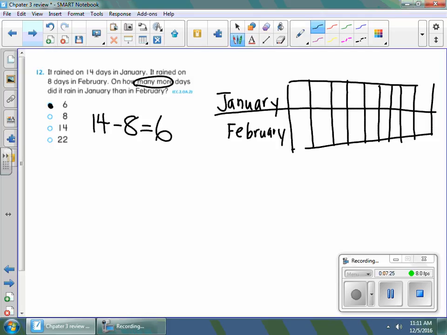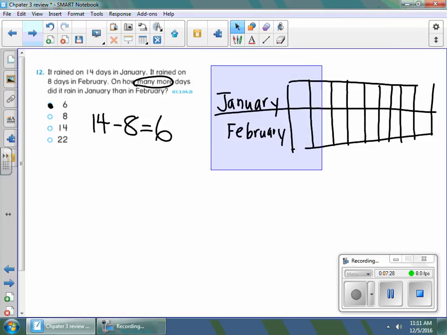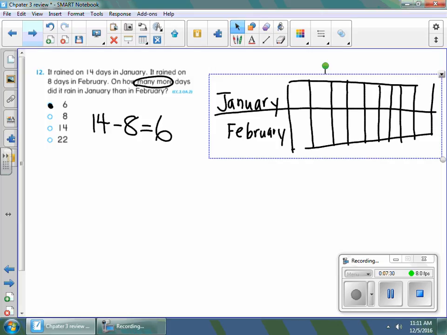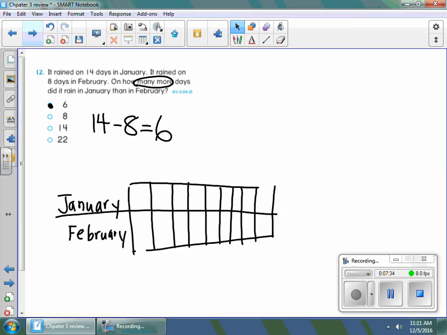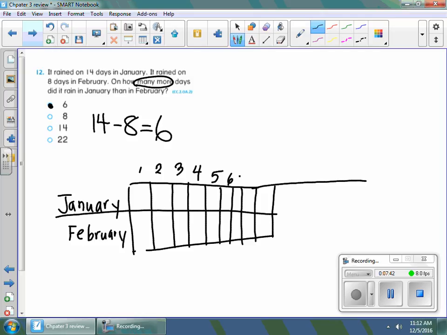Of course, I'm running out of room. So 1, 2, 3, 4, 5, 6, 7, 8, 9, 10, 11, 12, 13, 14.